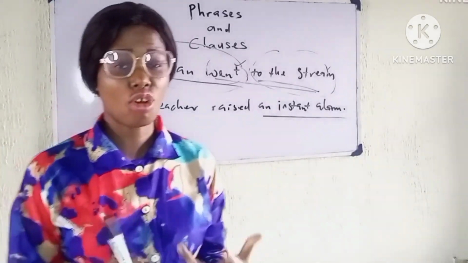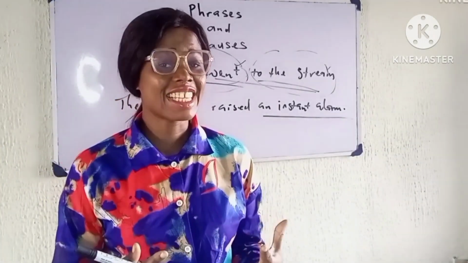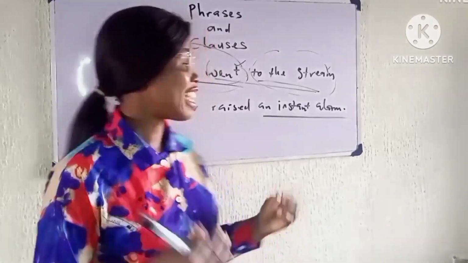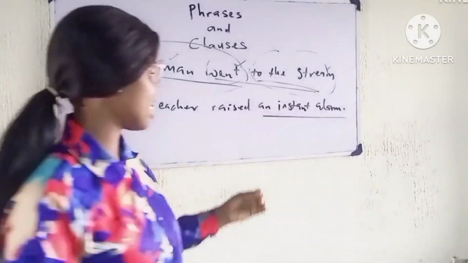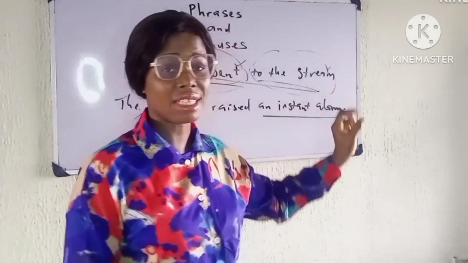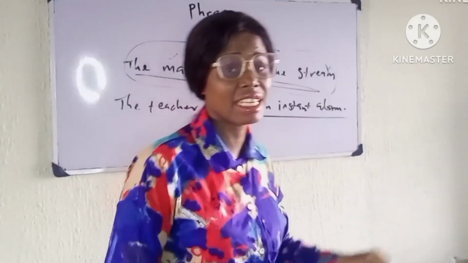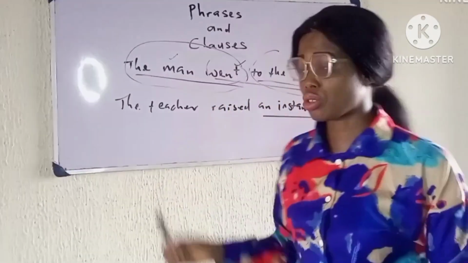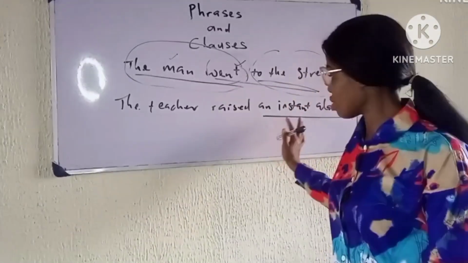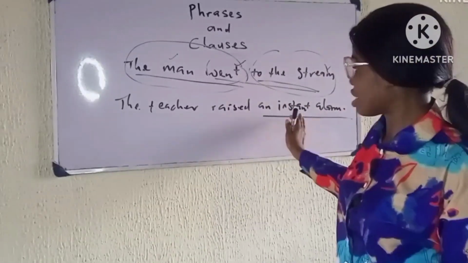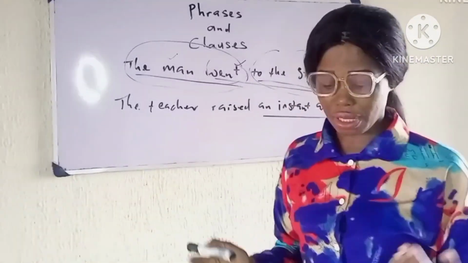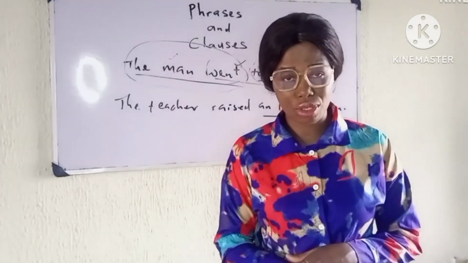Is it a phrase or a clause? Right, it is a phrase, because it does not contain the subject, neither does it contain the verb of the sentence. So this is a phrase. That is how to identify a phrase and a clause.